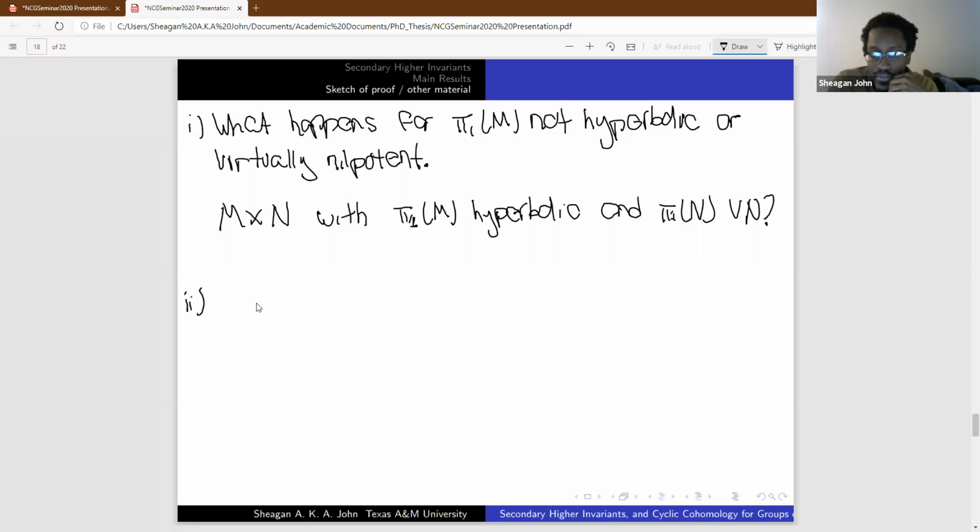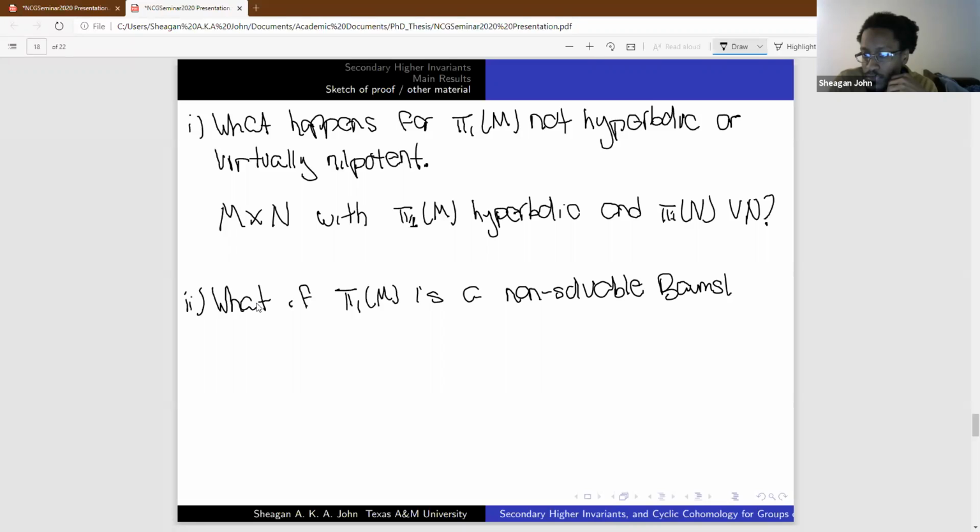And that is, what if pi_1(M) is a non-solvable Baumslag-Solitar group?